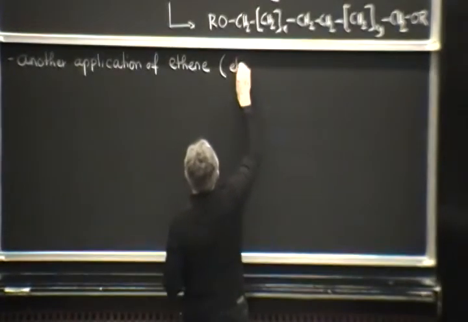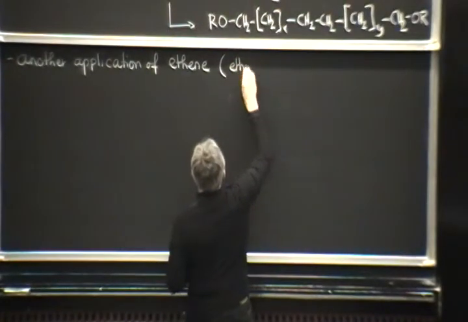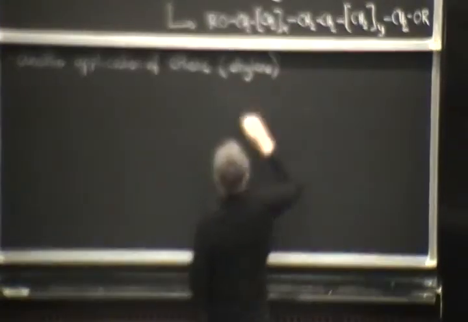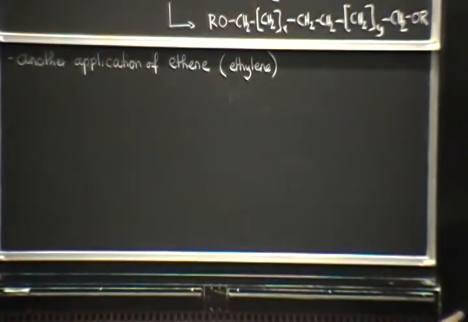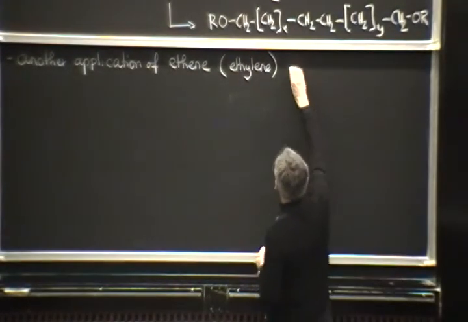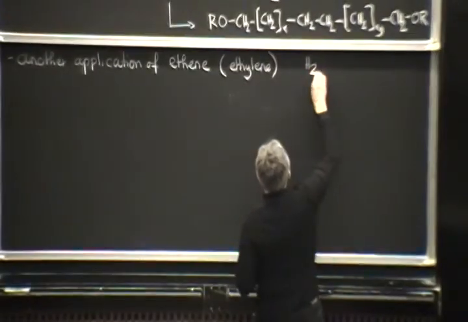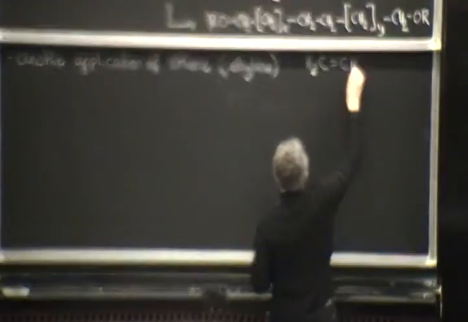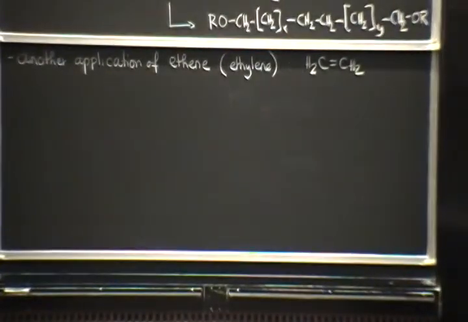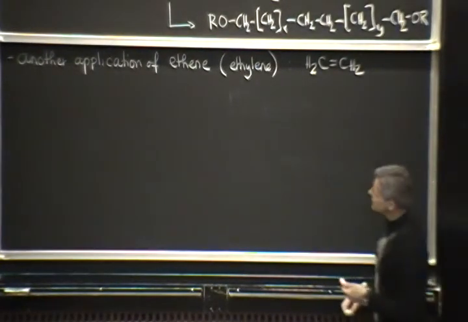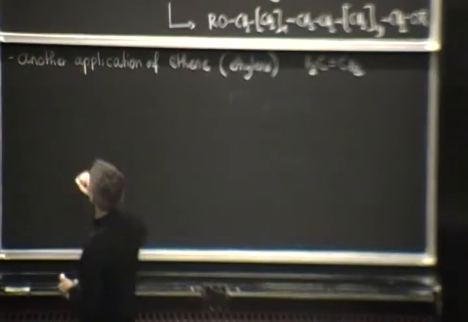Also known as ethylene gas. So ethene and ethylene are both just a fundamental double bond, a two-carbon feedstock. Another application in industry is the Wacker process.